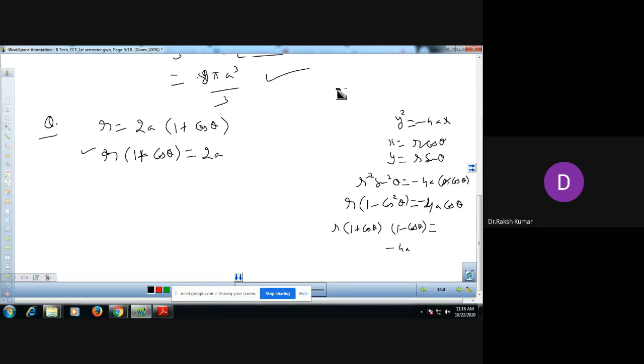And you can use the formula of cos theta also, and convert it into this form. And by doing so, sine square theta is there. Okay, the cos 2 theta formula can be applied. Cos 2 theta is 1 minus 2 sine square theta. This is the formula of cos 2 theta.